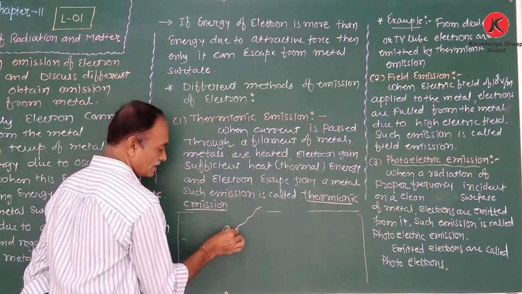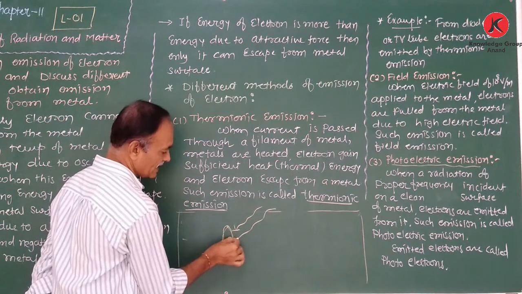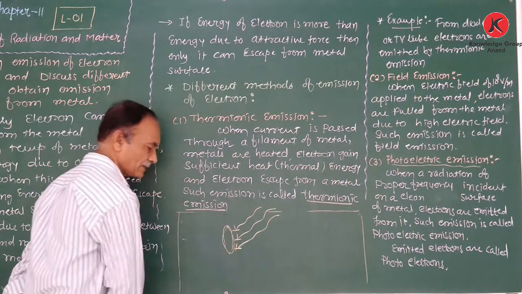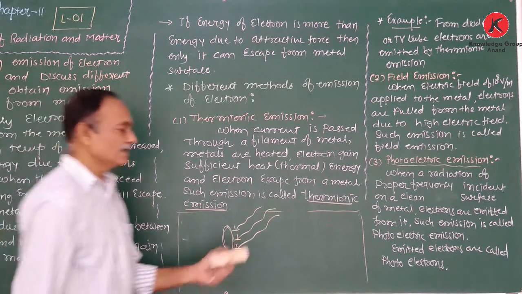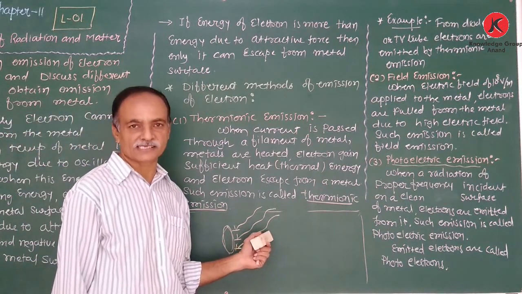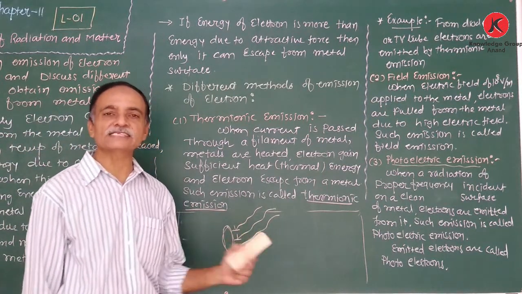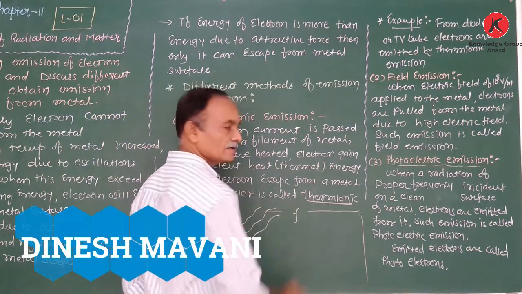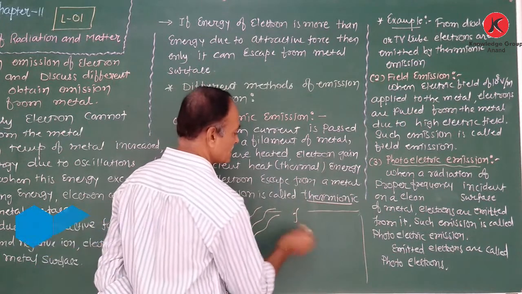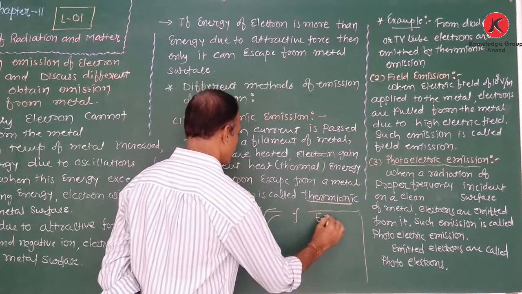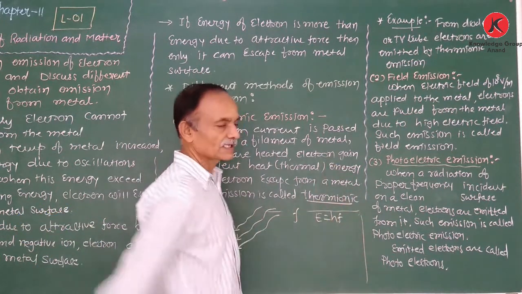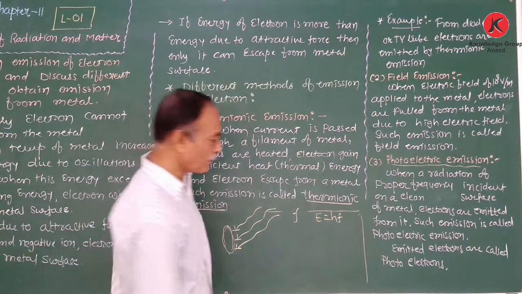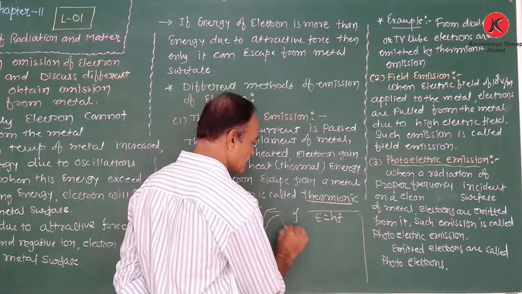As light with sufficient frequency is incident on this metallic plate, what happens? We know that light is a bunch of energy. Actually, the light is made up of a number of photons having the frequency f. So the energy of this photon E is equal to hf. That is the energy of one photon. Here the number of photons N are present in this bunch of light.